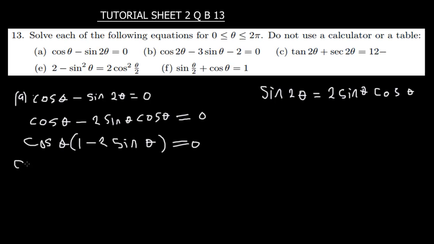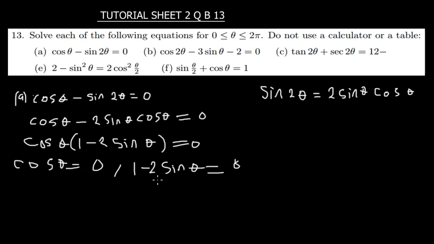So either cos theta is equal to 0, or 1 minus 2 sine theta is equal to 0.